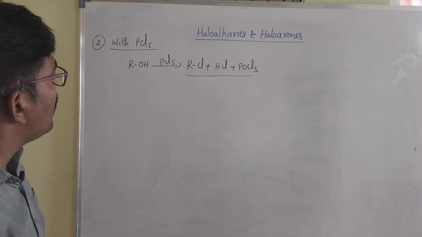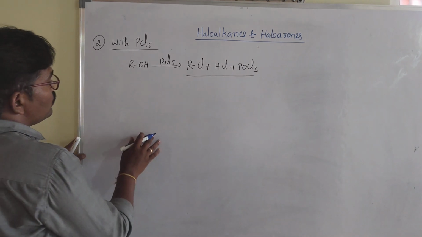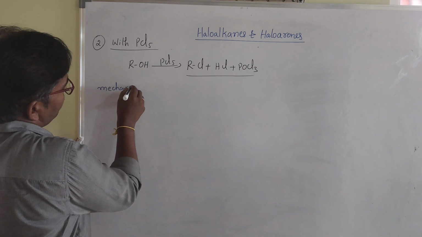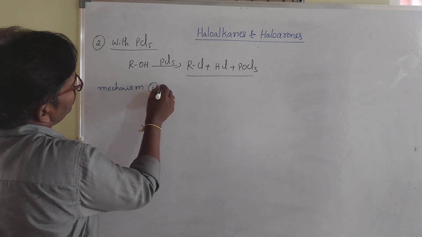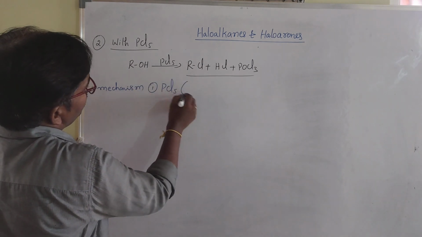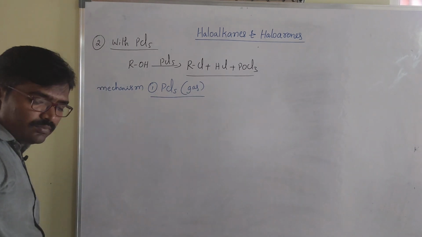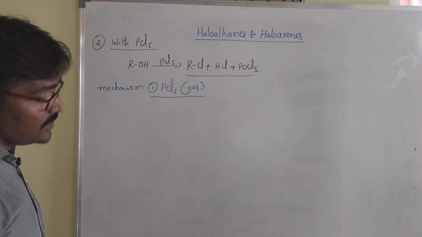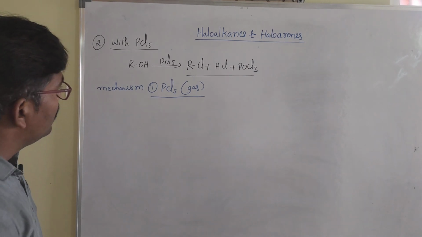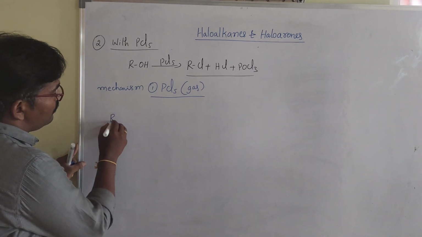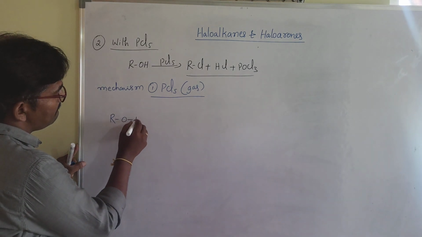Right. Sir, how does the reaction take place? That we have to see in the mechanism. If you observe the mechanism, the first one is PCl5, which is present in the gaseous state. Observe it. First we take R bond OH, the alcohol.